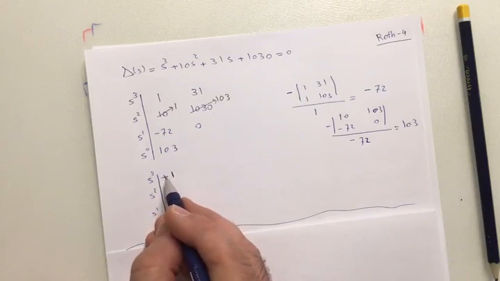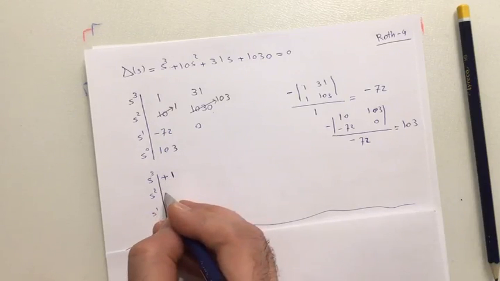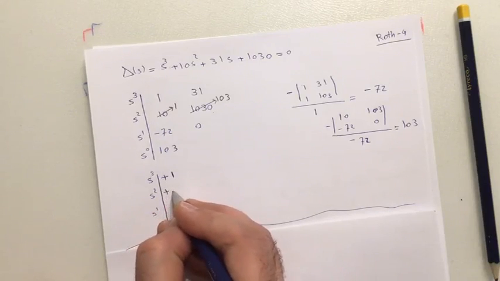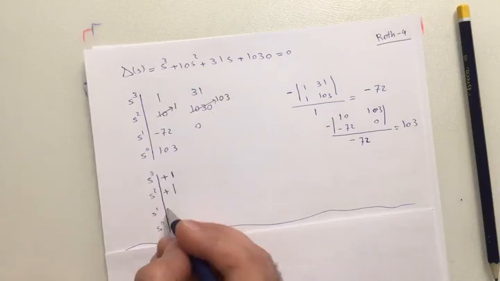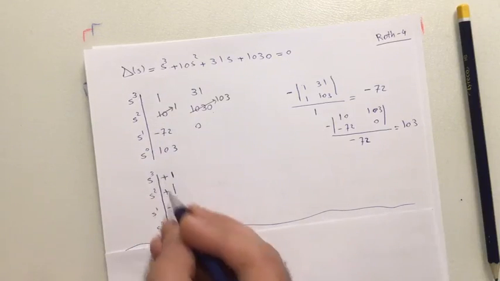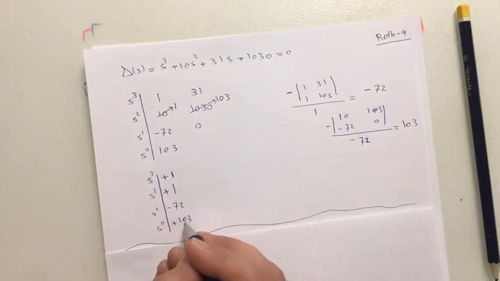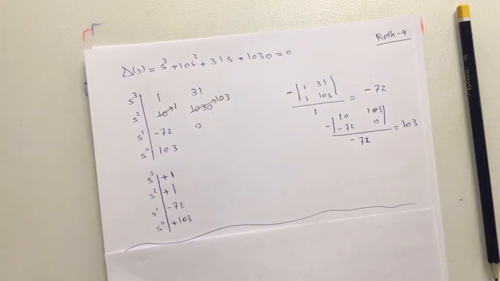Just write the sign to make sure that we are noticing what the sign is. And the next one is again plus 1, and the next one is minus 72, and the next one is plus 103. So let's see how many sign changes we have.